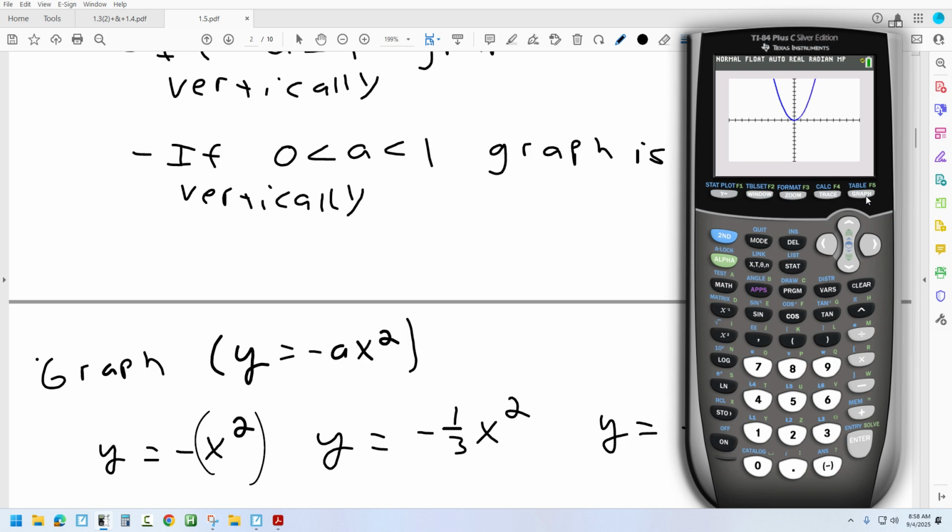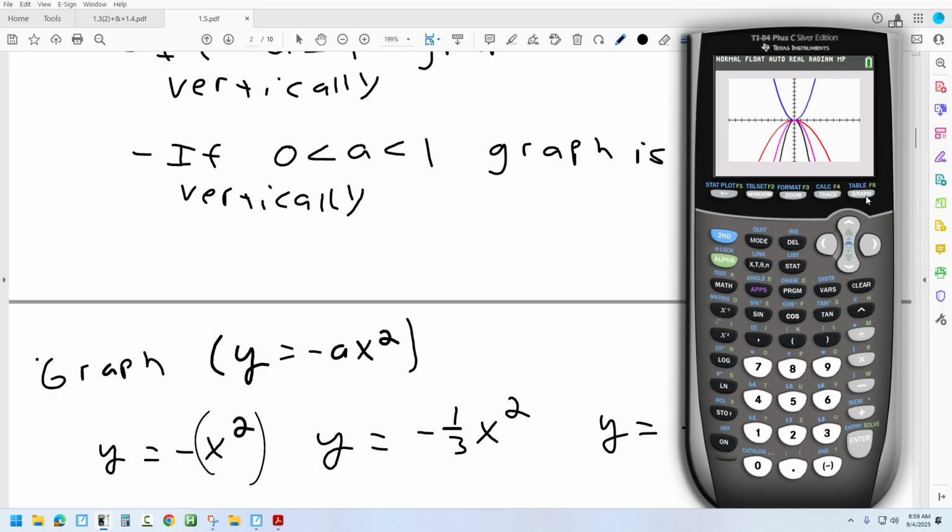Kind of want to get a rule for what kind of reflection it is when you put it in front. Which axis did it flip over? The x or the y? Yeah, you flipped over the x. So whenever you put a negative in front of a function, not inside it with the variable, it will cause it to reflect. I'm showing you 3 different ones.